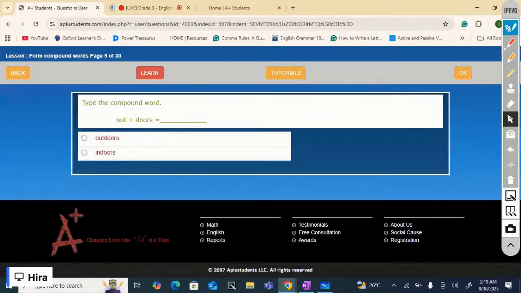Out and doors. Now these two words, out and doors, what do they make? What do they form? They form outdoors.